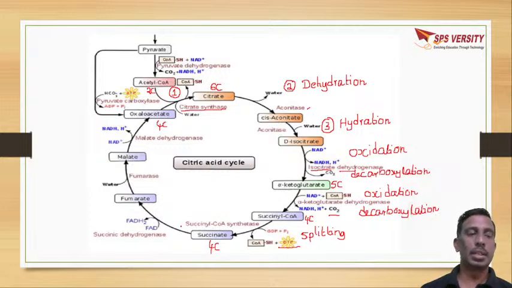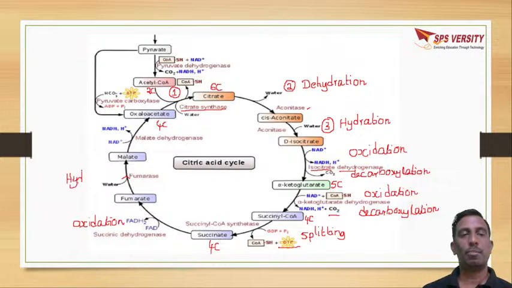This succinate undergoes oxidation. The oxidation के वास्ते it will form FADH2 and fumarate. Fumarate on hydration, that is addition of water, will form malate.